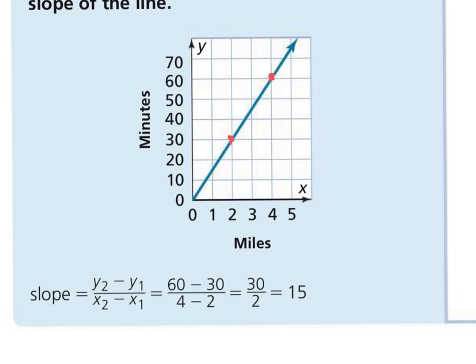Those are really the only 2 points that hit nicely on this problem, so we don't have a whole lot of options there. Looking at change in y, change in x, we went up 30 and we went over 2. 30 divided by 2, which is 15, is our slope.